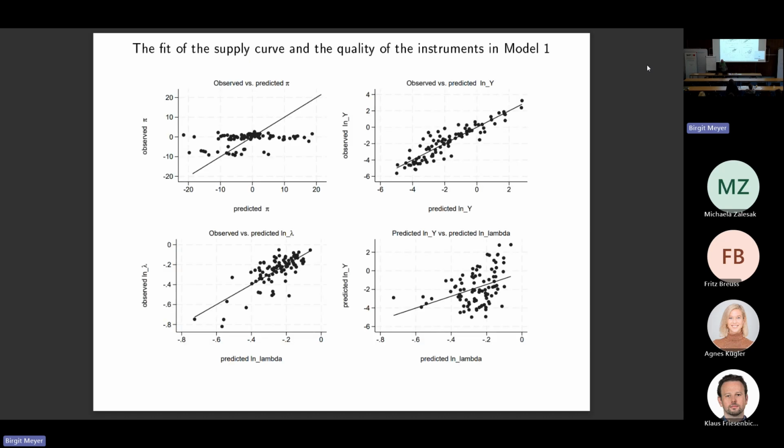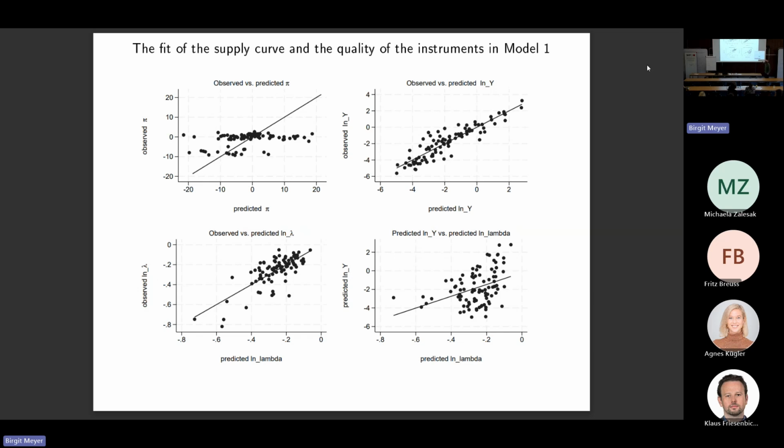Then I checked the residuals and the fit of the supply curve. Here you see the predicted and observed L and Y, the first endogenous variables, and the predicted one from the first stage.